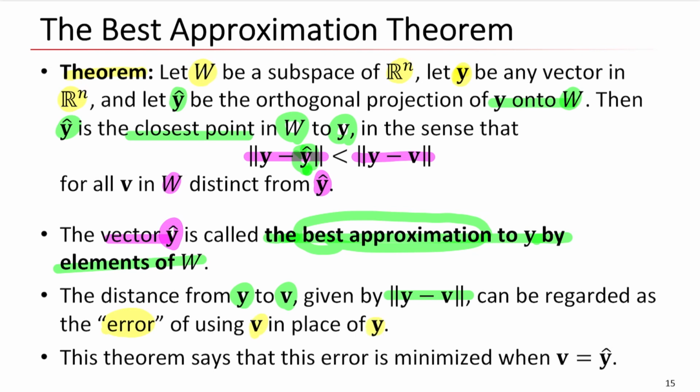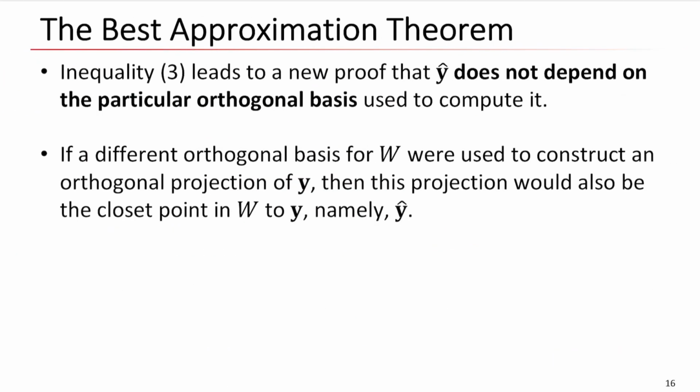Then we want to find the solution that minimizes this error. So in other words, this theorem says that this error is minimized when vector v is equal to y hat, right? So let me prove this one.